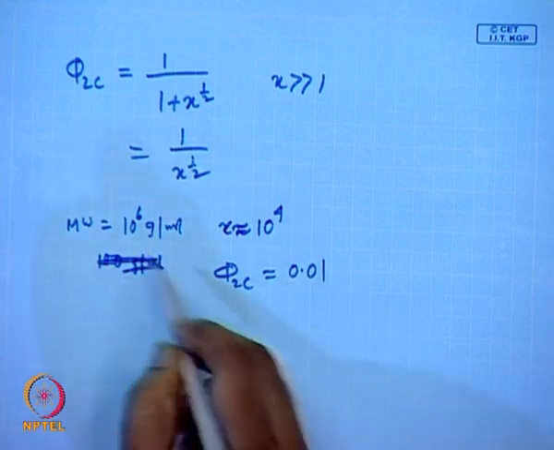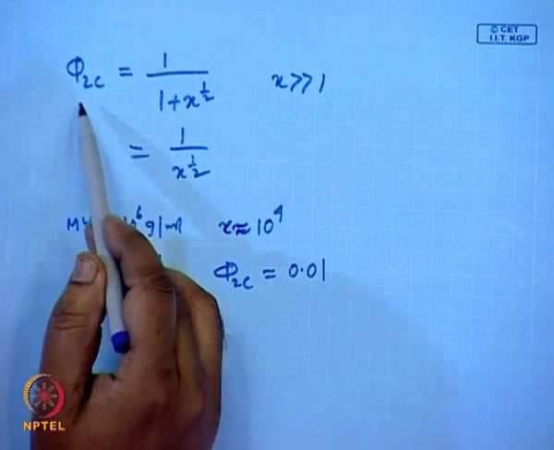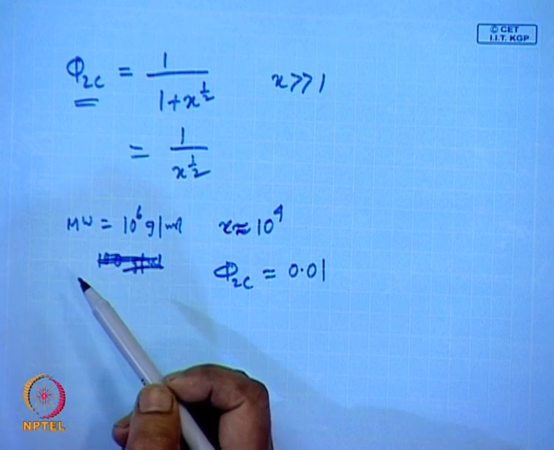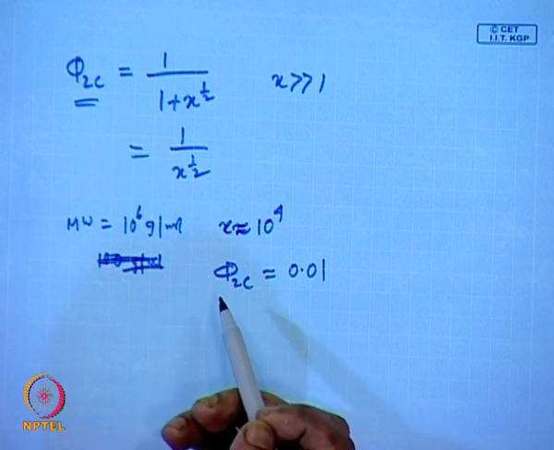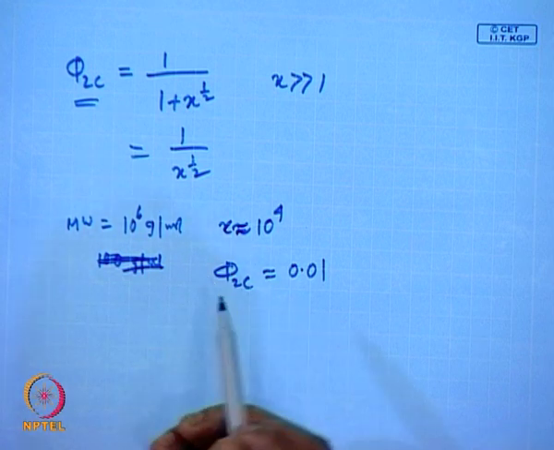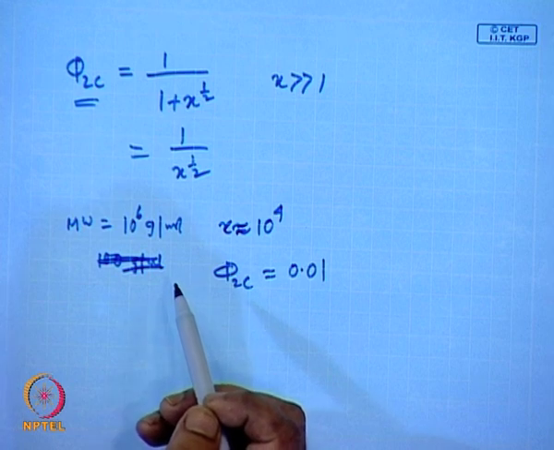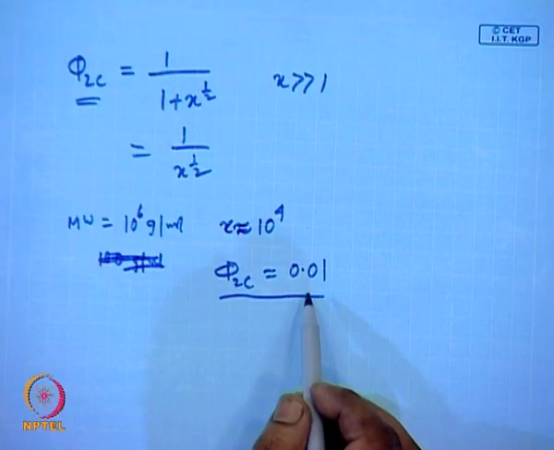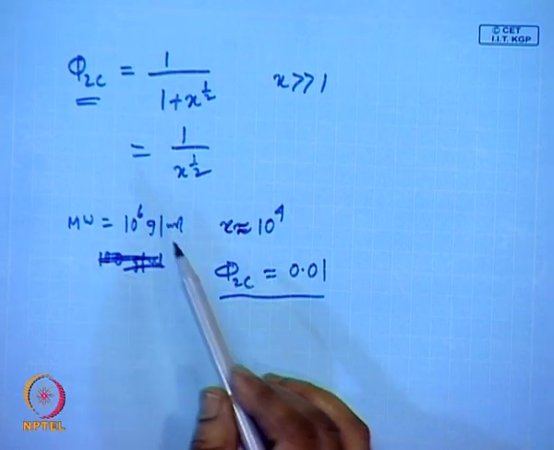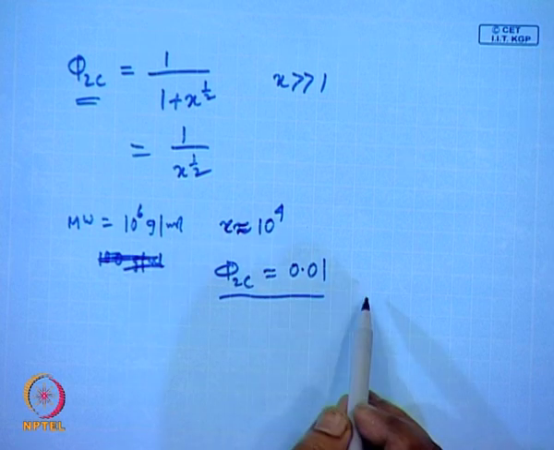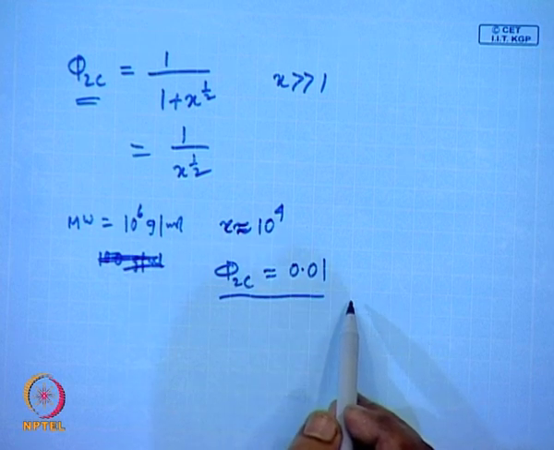So, basically if you have very high molecular weight, then the concentration at which the polymer goes from a one phase system to a two phase system is very low. If your polymer molecular weight comes down, then this goes to a little higher concentration.